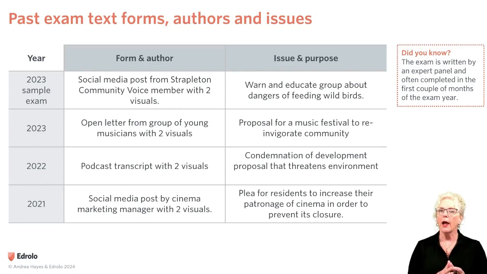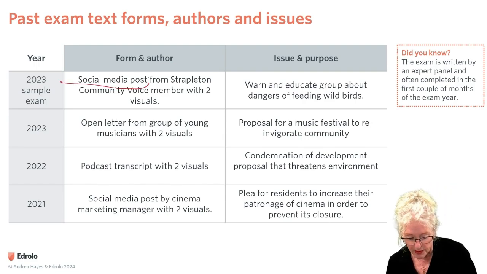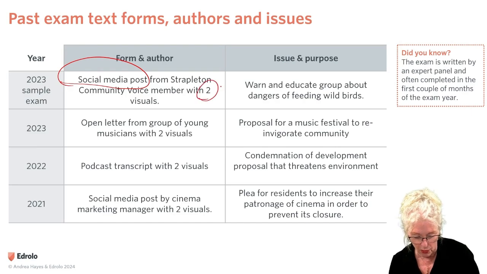Let's have a look now at what's been on the past exams, the forms, authors, and the different issues. You can maybe see some similarities. We'll start with the 2023 sample exam, and this exam is what our sample analysis response is based on in the next lesson. So the form for this one, social media post with 2 visuals.